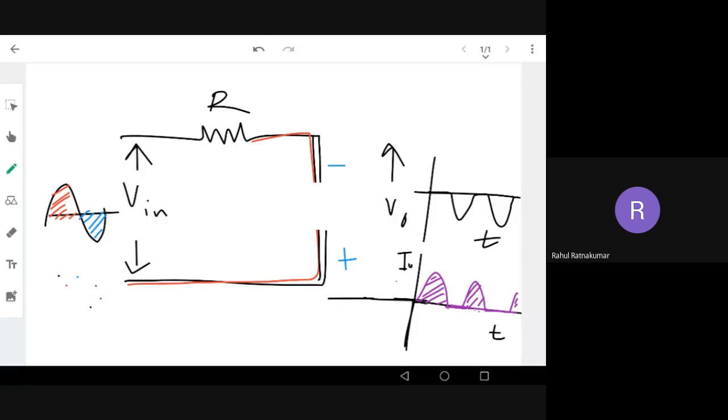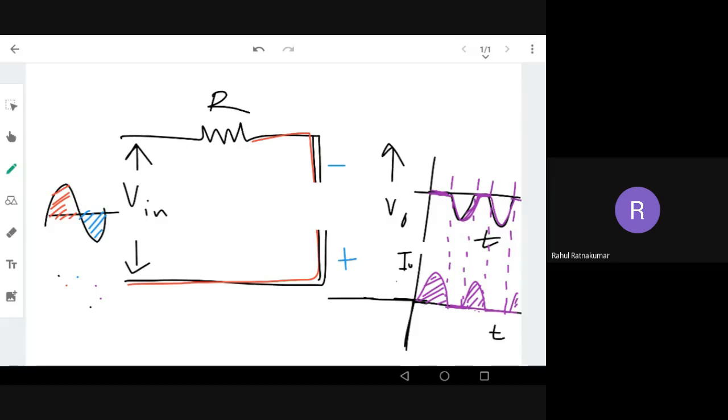So when the voltage is zero, my current is maximum. The voltage is negative, my current is zero. Again the same thing: voltage is zero, current is maximum; voltage is negative, current is zero. Likewise, this is the same point. We can correlate the graph, you can say this is the same point you're meeting the graph here. I think you're getting what I'm saying.